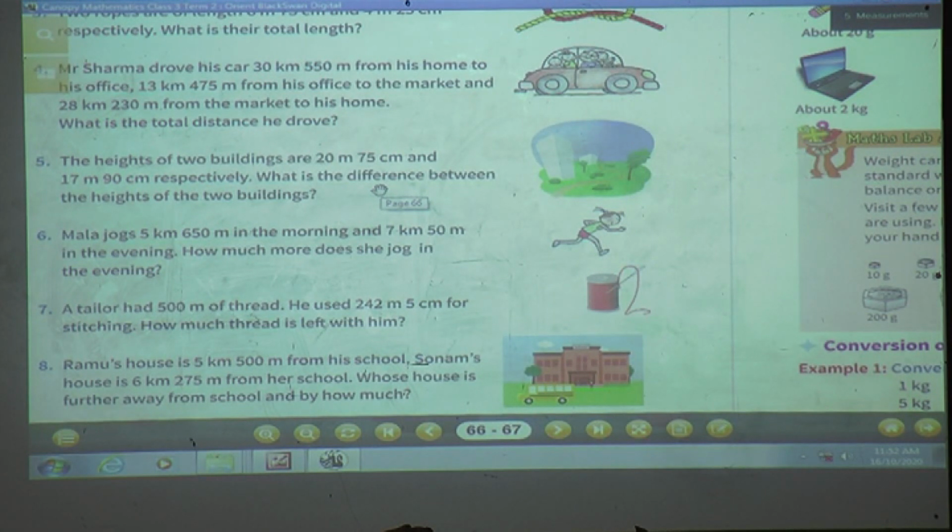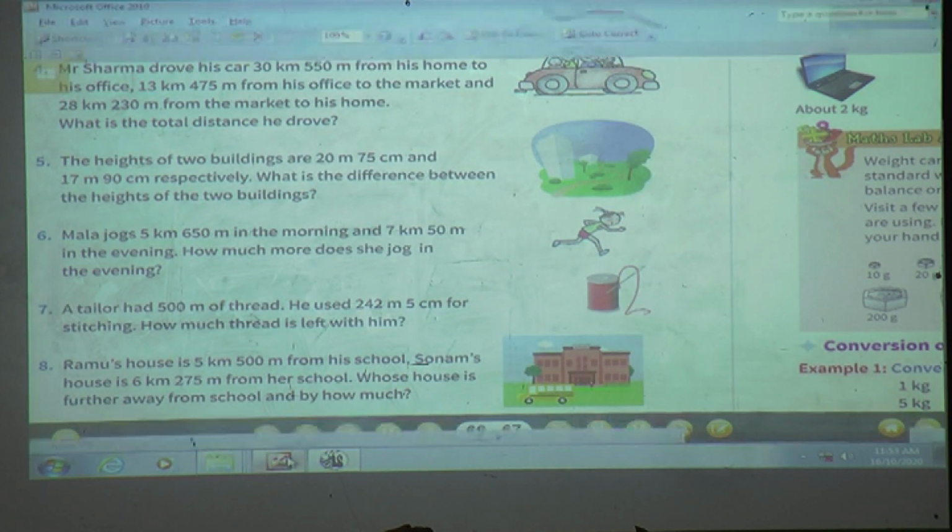So from 20 meter 75 centimeter, if we subtract the height of the other building, then we will get the difference between the heights of the two buildings. So let us do the subtraction here.